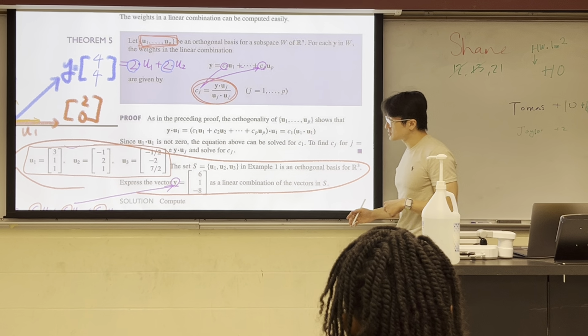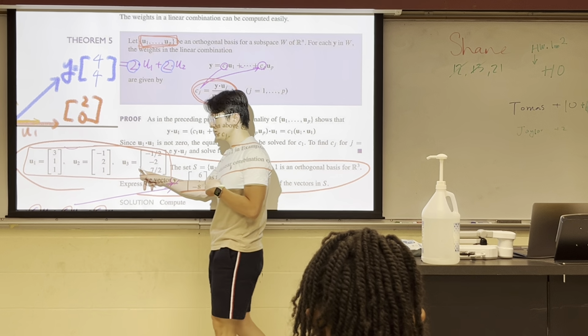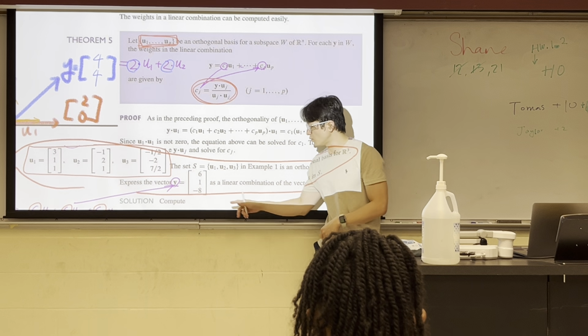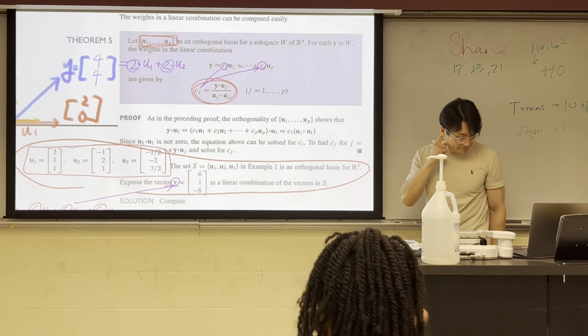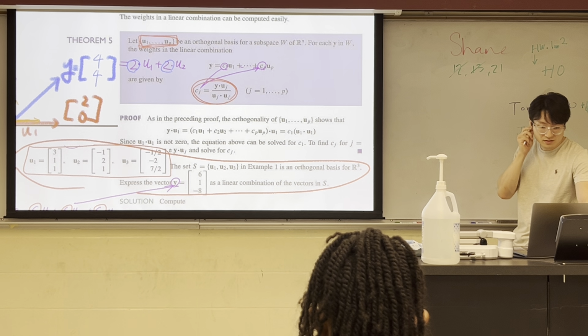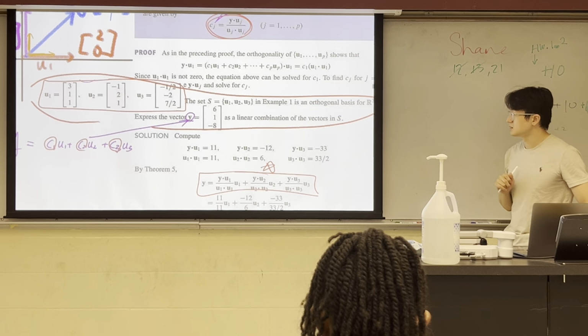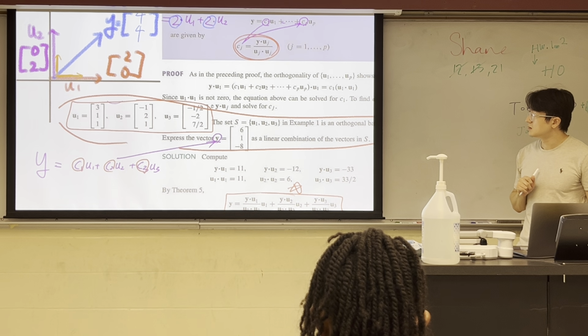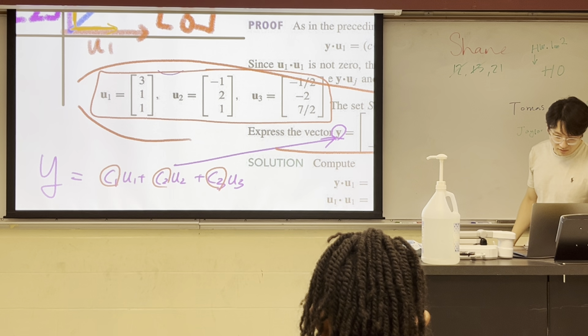So you have a subspace spanned by U1, U2, U3, and then you want to see if Y is a part of this space. How can we know this? Okay, so this is what we want to see. What do you want to compute?